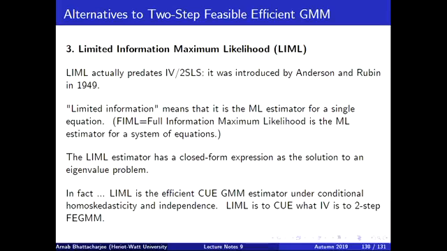Then limited information maximum likelihood is actually an efficient, continuously updated, efficient GMM estimator under conditional homoscedasticity and independence. So in some ways, LIML is to CUE what IV is to two-stage feasible efficient GMM. So there's a connection between those two things.